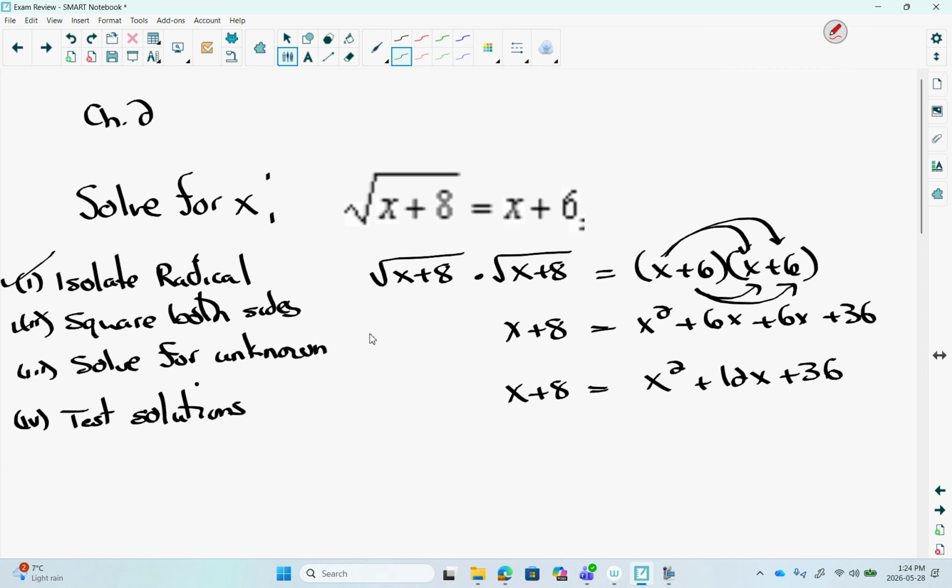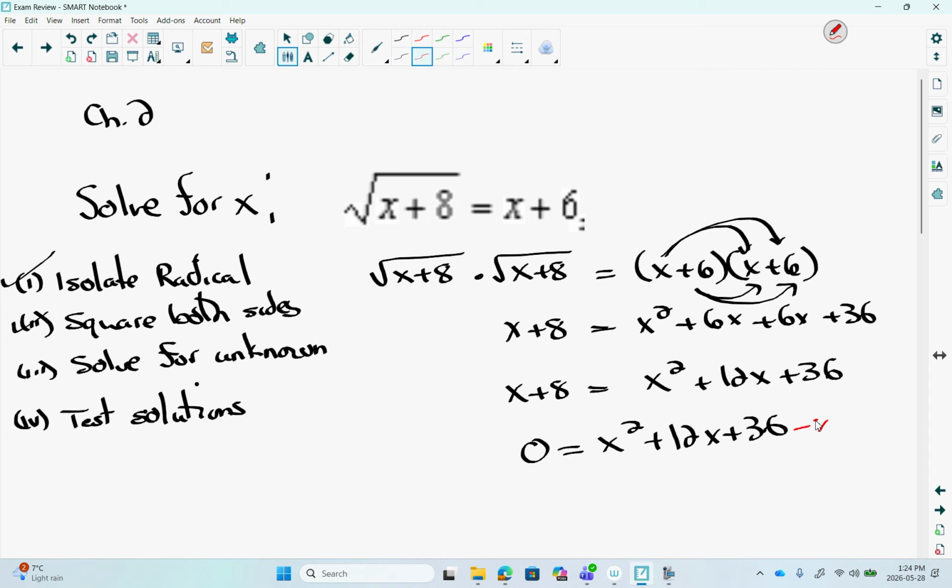How can I solve for x? What do I do with that? Set it equal to 0. What did I do with the x and the 8?